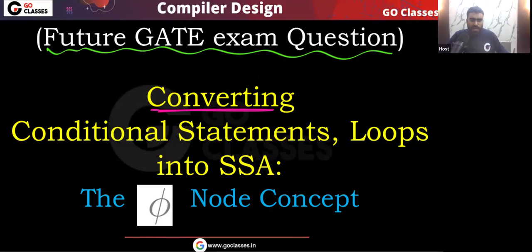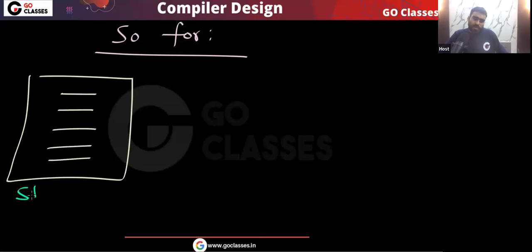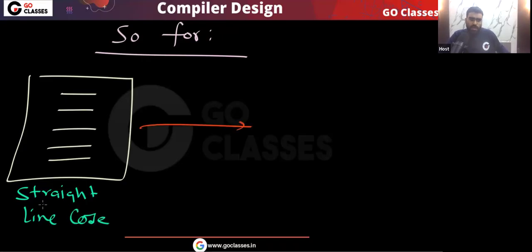So far what we have done, can anyone tell me? So far we have converted straight line code into SSA, right? Very simple straight line code, and we converted that to SSA.